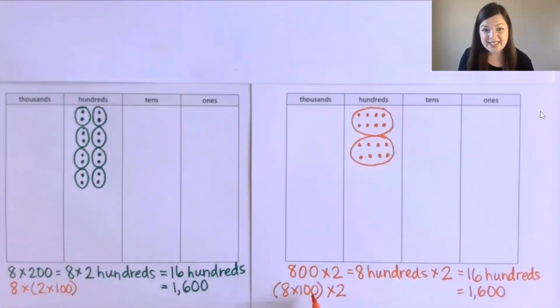And now we can see that when the factors are decomposed like this, they have the same factors. 8, 100, 2. 8, 100, 2. And because we can multiply in any order, this shows that both statements are equivalent.